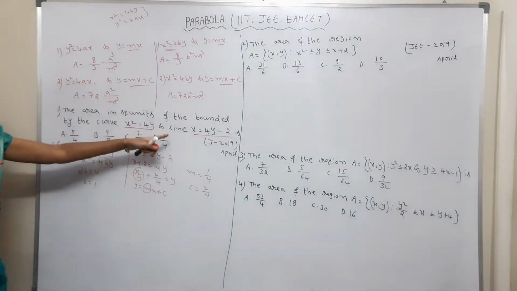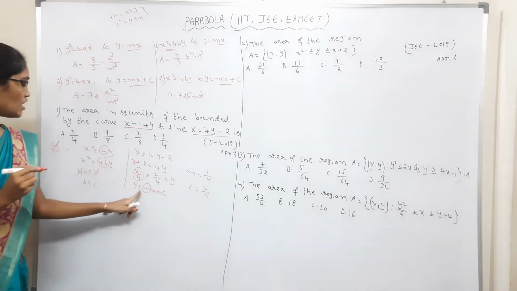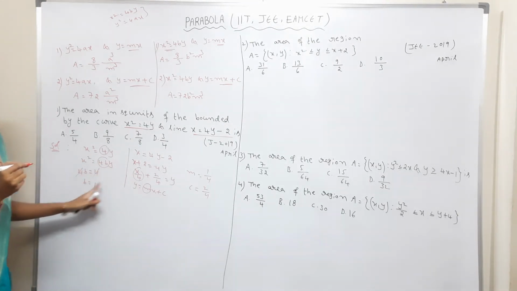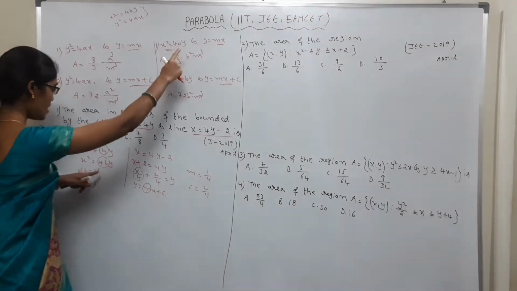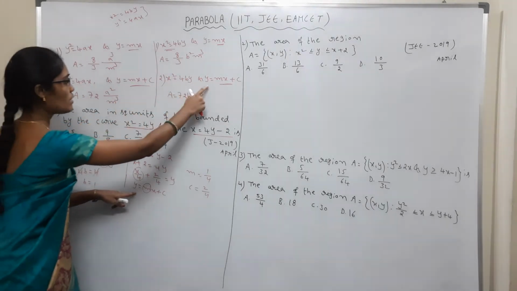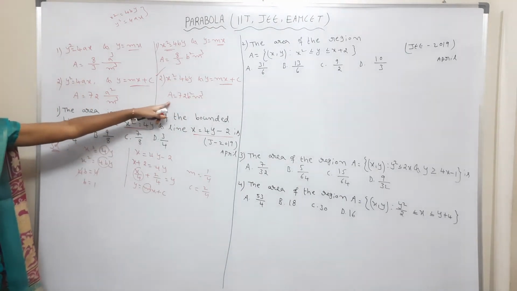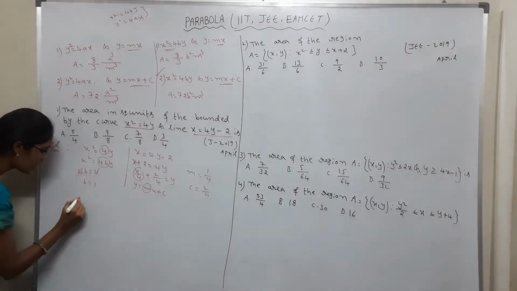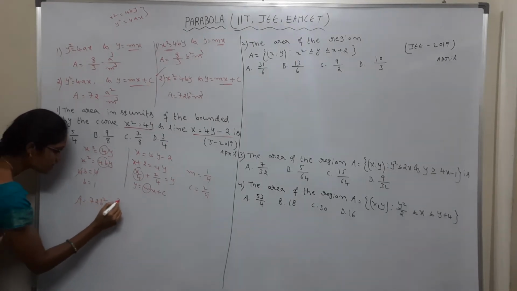Which formula do you take? x square is equal to 4by and y is equal to mx plus c. This one: A is equal to 72 b square by m cube.